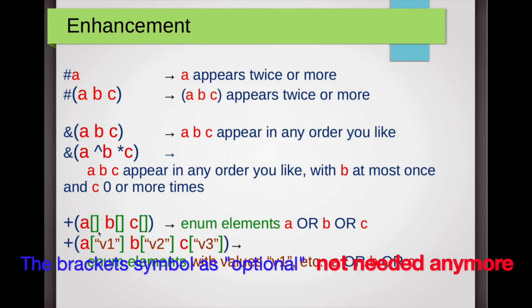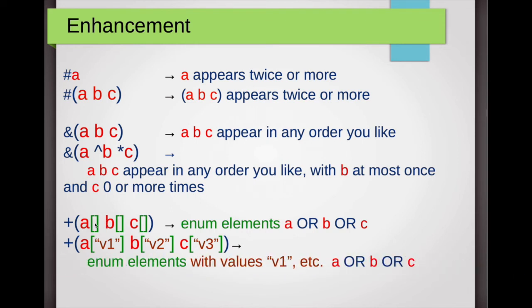In my case, I use the brackets behind the items just to notify that these items will be considered as enum elements. So the keyword defined as this will be considered as an enum, and ABC will be its enum elements. And of course, it's a kind of A or B or C.